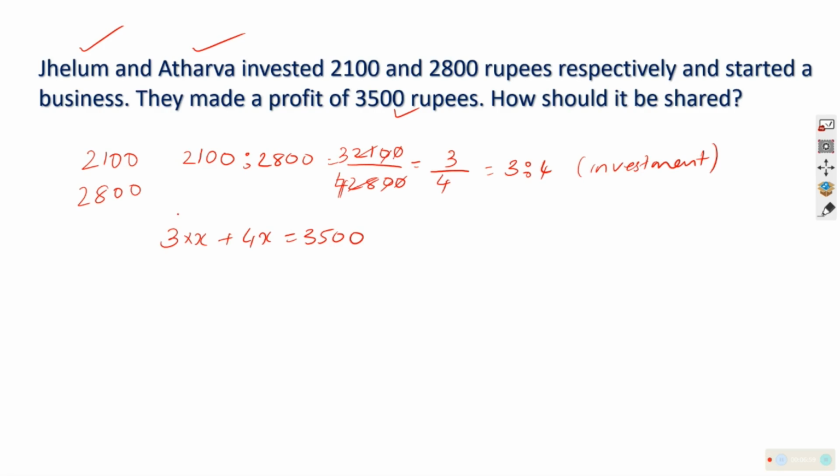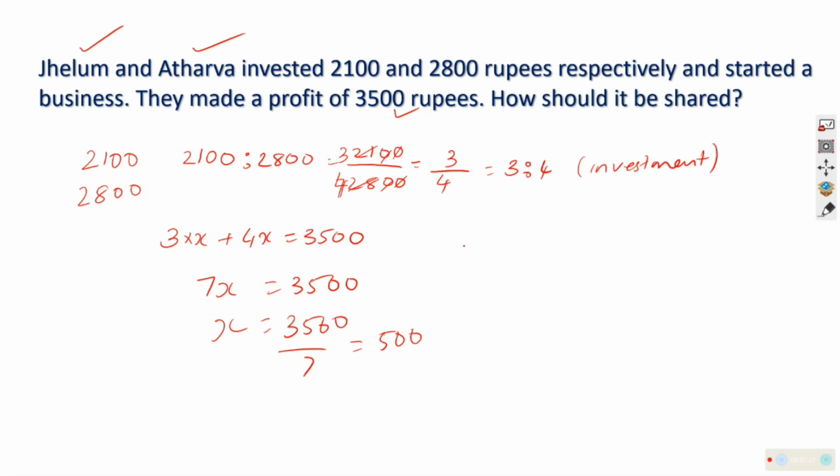Because it will be a multiple of 3 and 4, as his share is in 3:4 proportion. That means 7x will be equal to 3,500 because total profit is 3,500. That means x is equal to 3,500 upon 7, which is equal to 500. X is equal to 500.